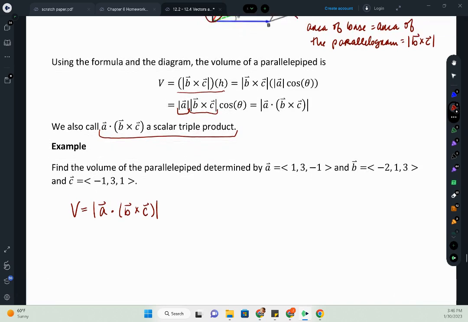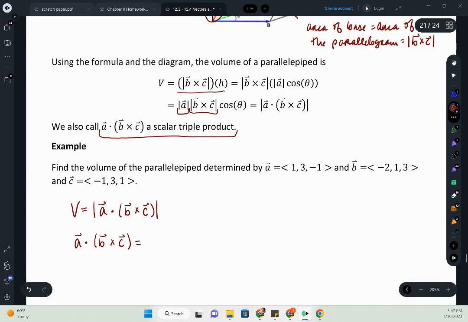Now I'm going to show you something because I want you to see it. If I just tell you, it makes zero sense, but if I do it, it'll make more sense. A dotted with B cross C can be calculated super fast compared to what you may be thinking.